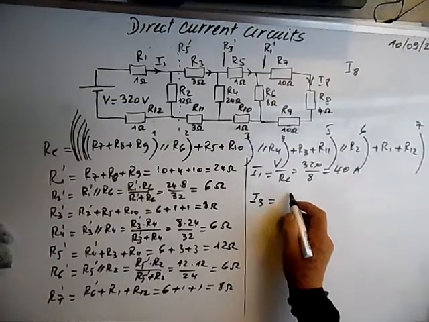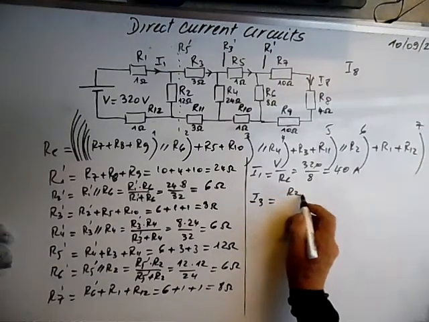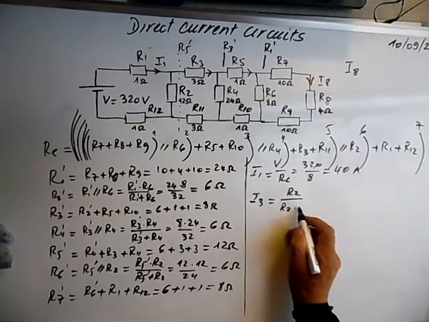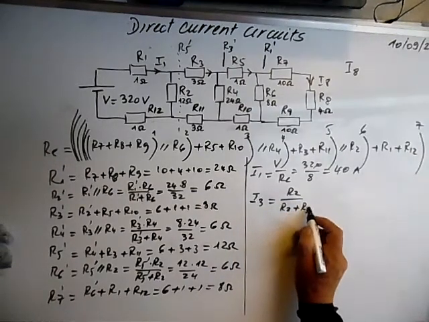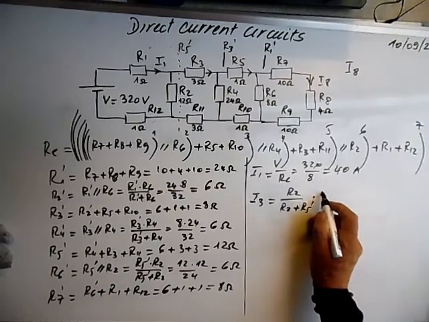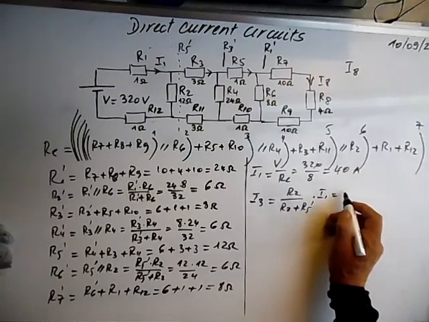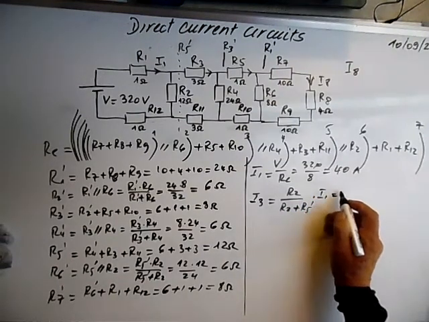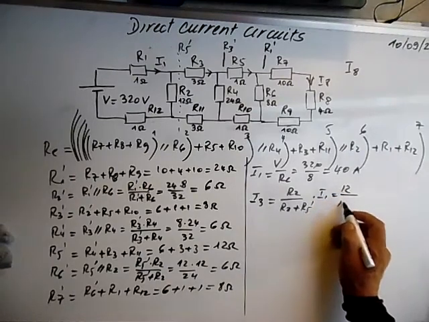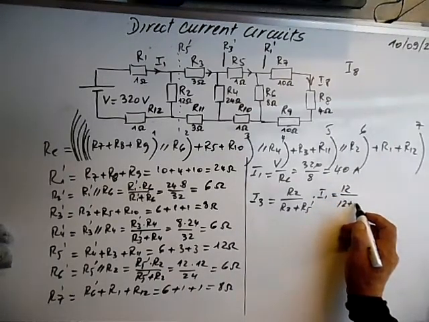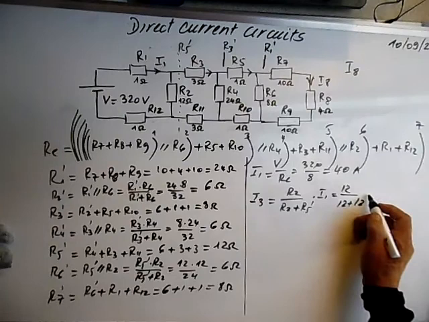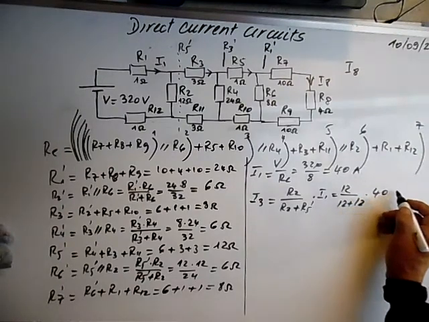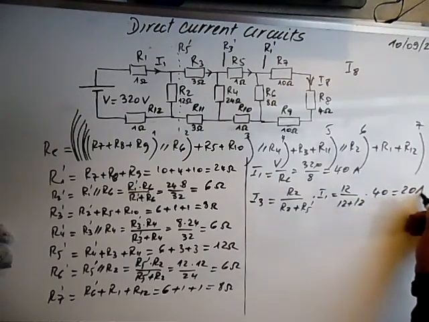I3 by current divider is R2 over R2 plus R5 prime times I1. R2 is 12 over 12 plus R5 prime, 12 times 40, and it's half, 20 amps.